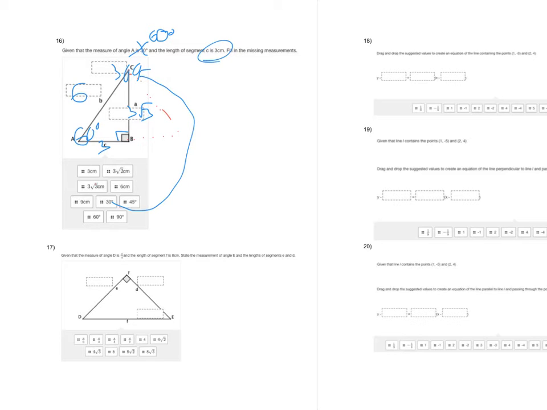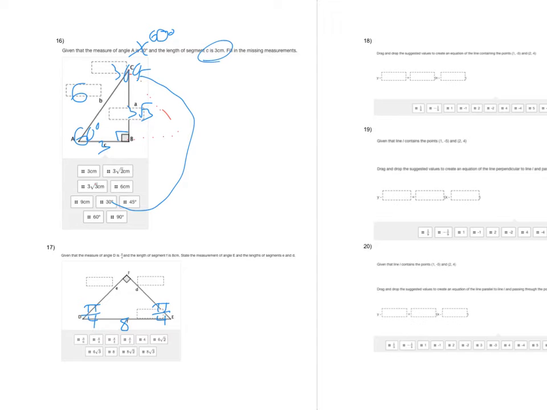Number 17, very similar problem. In this case, we're given that angle D is pi over 4, and that segment F is 8. Well, if D is pi over 4 and angle F is 90 degrees or pi over 2, well, that just leaves another pi over 4 for over here.